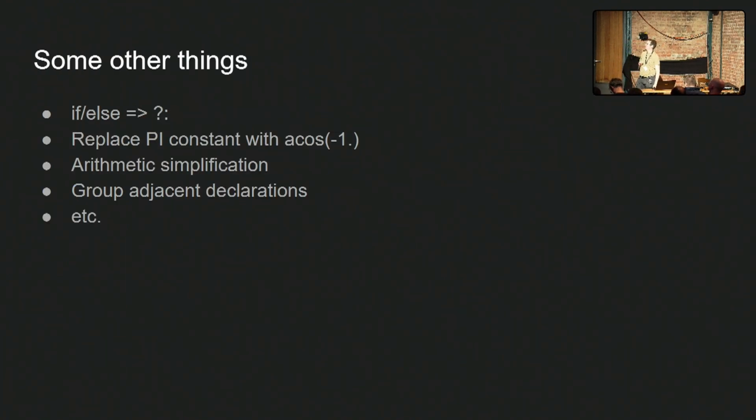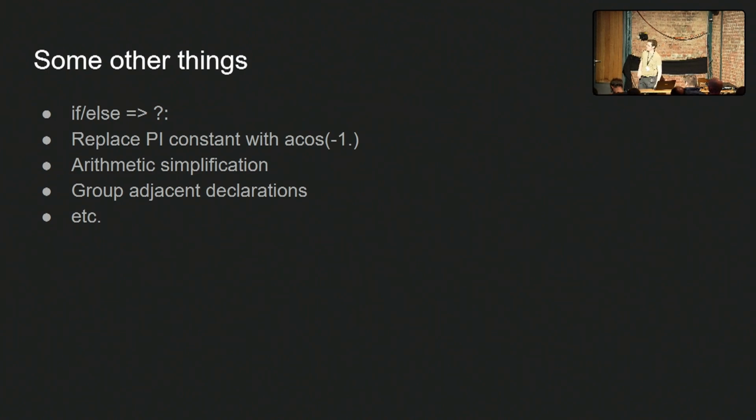And other things implemented, like replace some if-else statements with the question mark colon ternary operator, replace the pi constant with acos(-1) instead of having all your digits. Some arithmetic simplification, which is useful in particular when things get inlined.